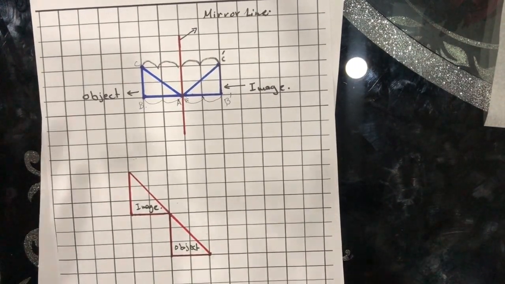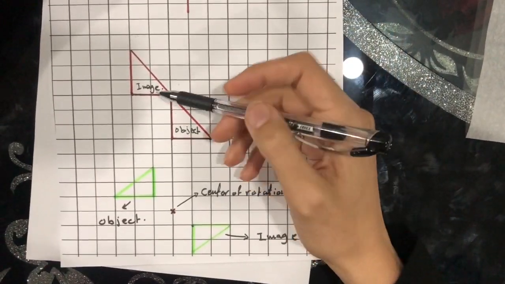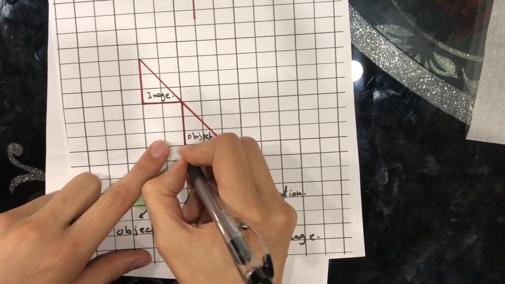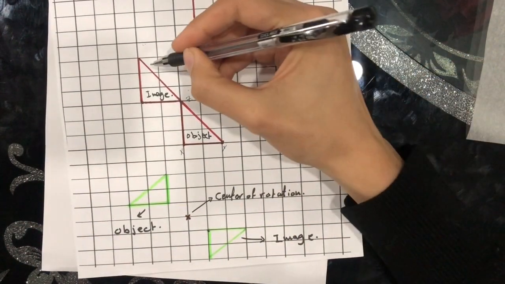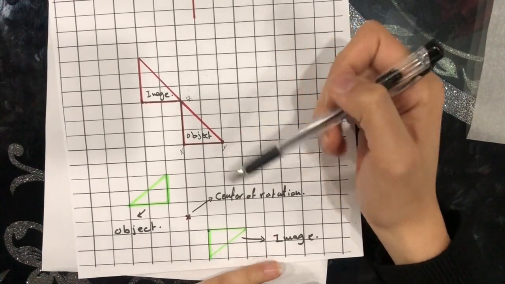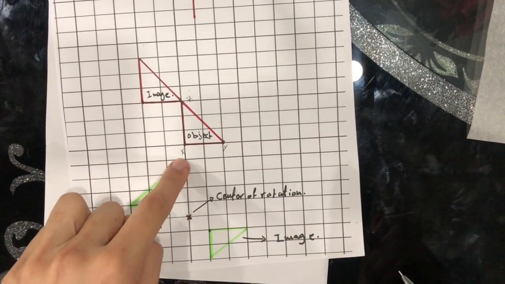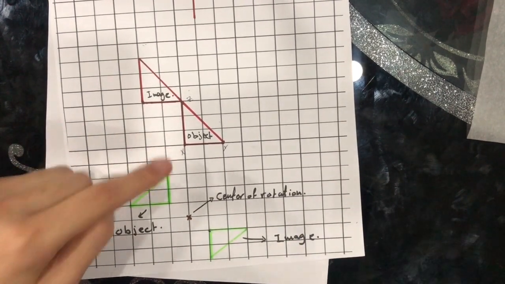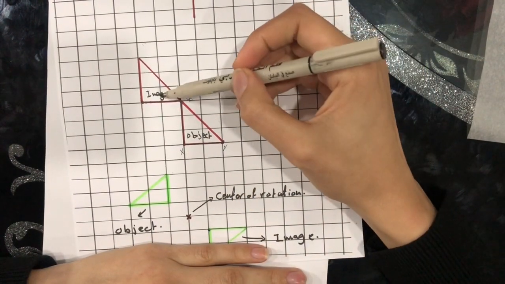Now for translation or movement of objects, let's take a look at this object. I have this triangle, we'll call it object X, Y, Z. After moving it or translating it, we'll have new coordinates for each of X, Y, and Z. But notice that this is called an object, and after translating it or transforming it or moving it, we call it an image.